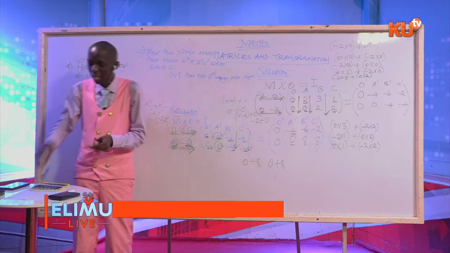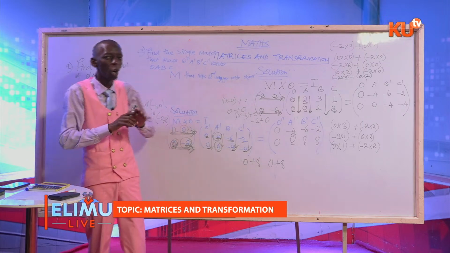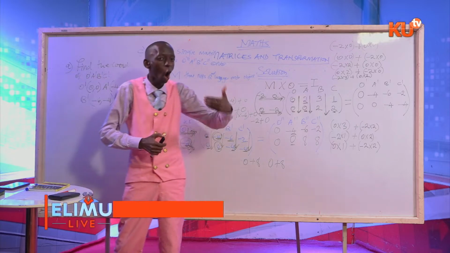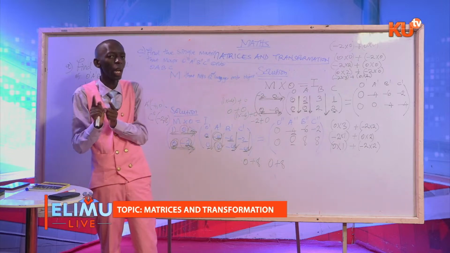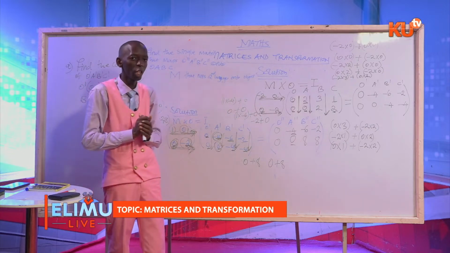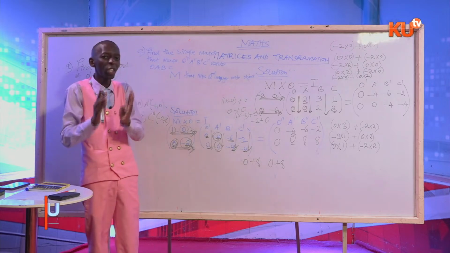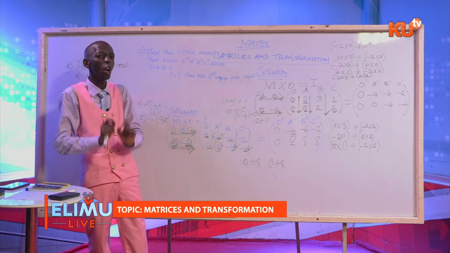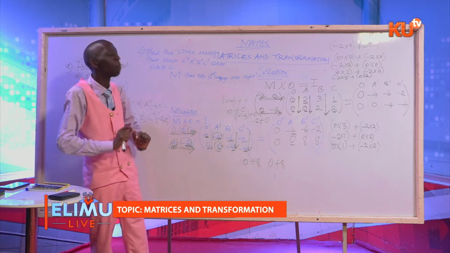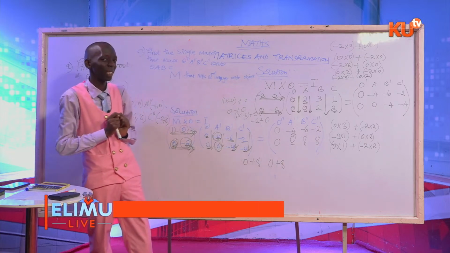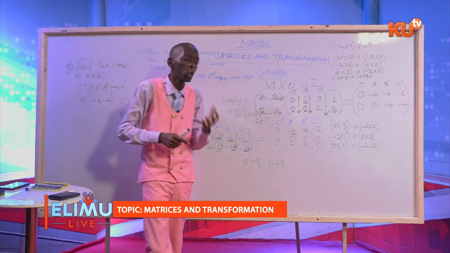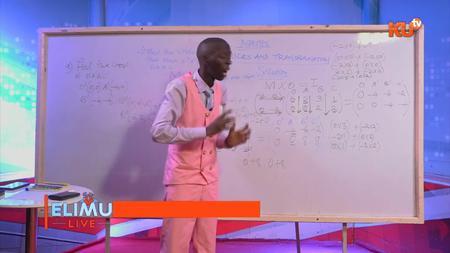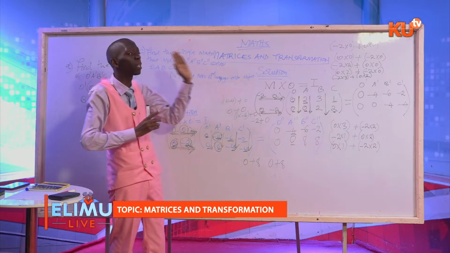So this is what I want you to understand on these terms. A matrix that maps the second image onto the object. My question is, between the second image and the object, which will come nearer to the matrix, and which one of them will be on the other side of the equal sign? Some students will tend to confuse because we said a matrix times object is equal to the image.